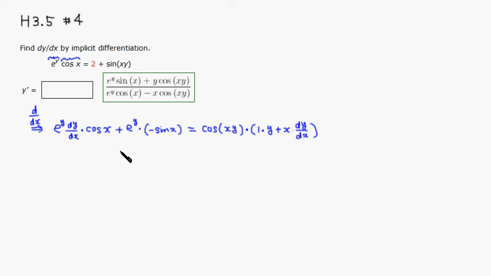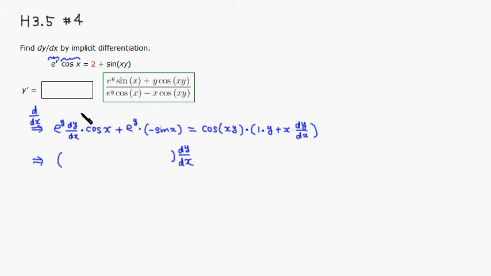Then what you need to do is put the terms that have dy over dx on the left-hand side and everything else on the other side. So let's do that. Since we're going to have all the terms with dy over dx, I'm going to go ahead and factor out the dy over dx here.